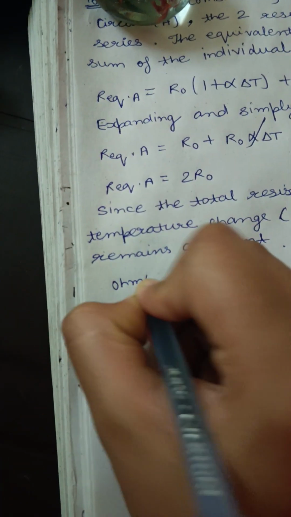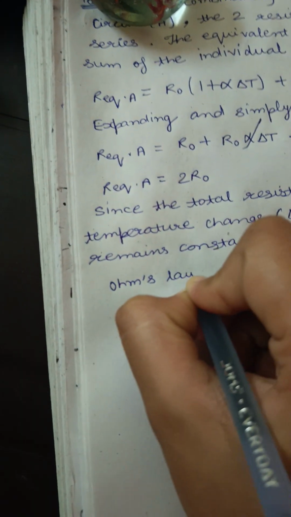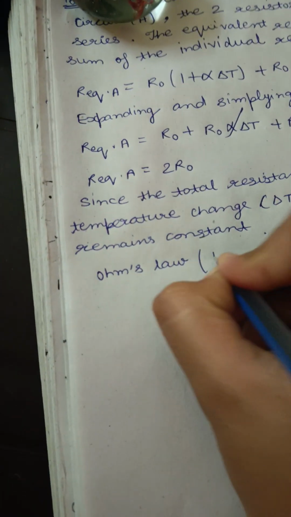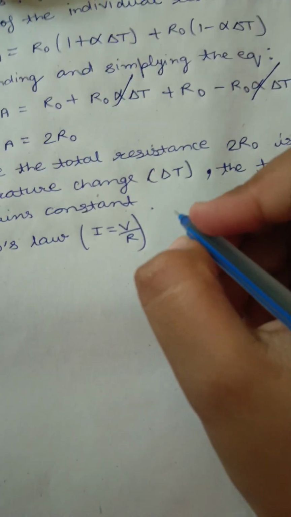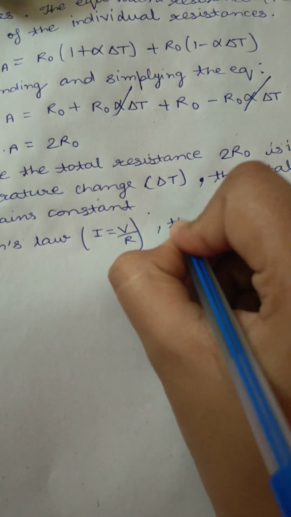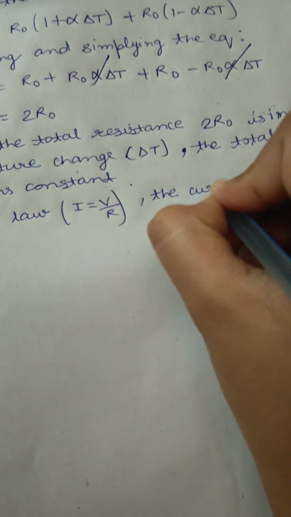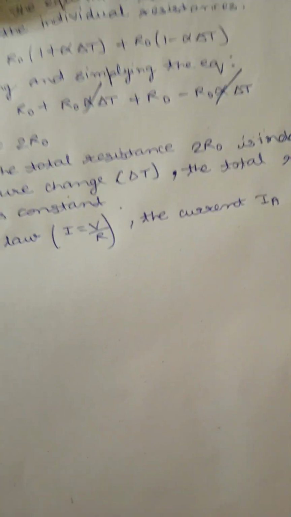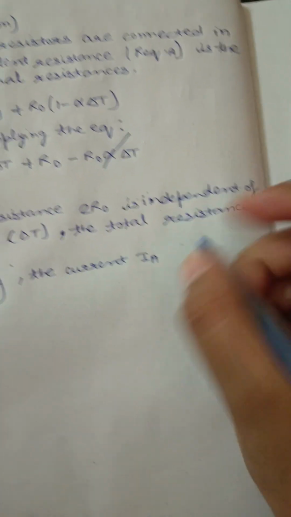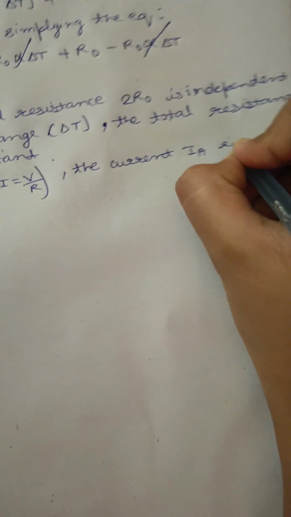Because of Ohm's law, I is equal to V by R, the current IA then remains constant because the resistance is constant.